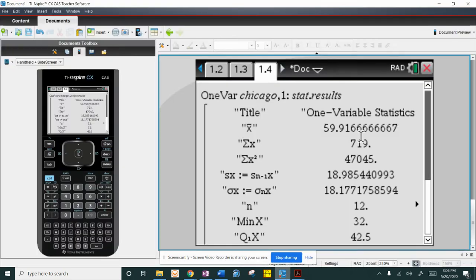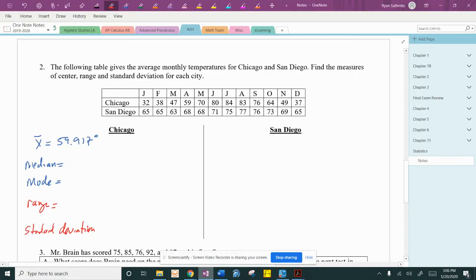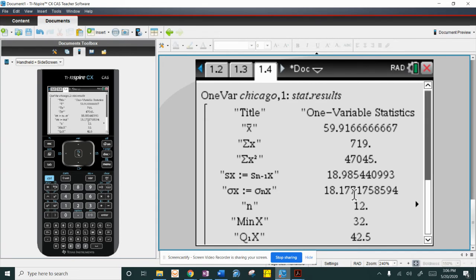Okay, if I go back to that list of data, there's my standard deviation right here. See that symbol? Standard deviation is 18.177. So I've got 18.177 degrees.